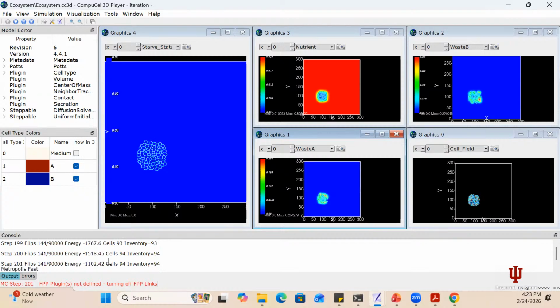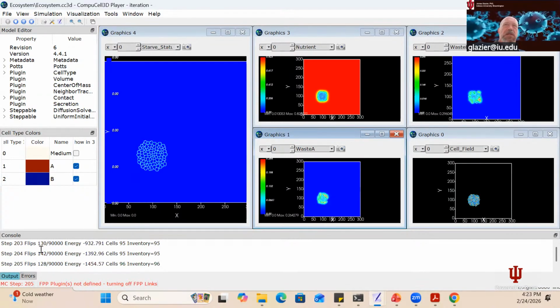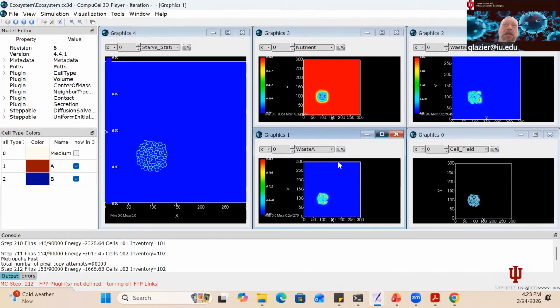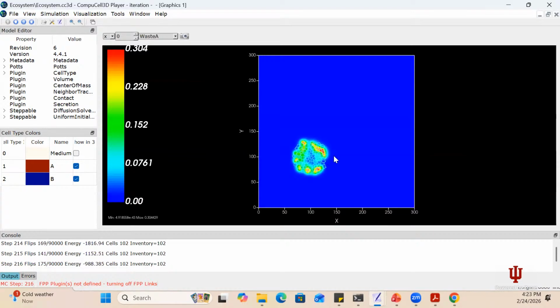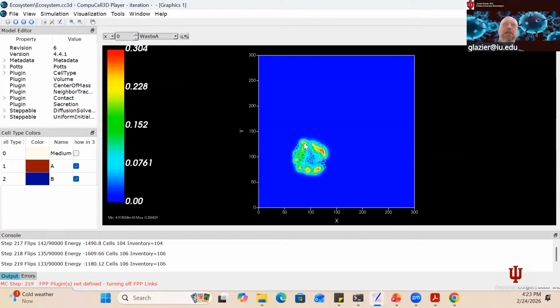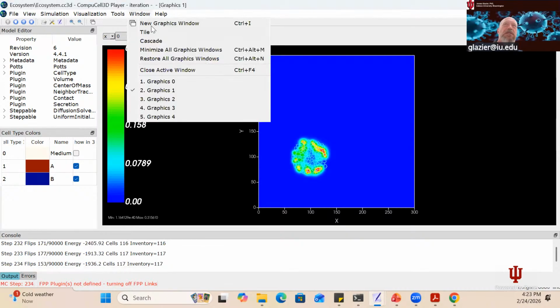So even though you see it going through Monte Carlo steps here, if I look at a field, this isn't updating. I think it is. This one maybe is. Some of them I thought were not. And in that case, if you click on the field, it will update it. I don't know why sometimes the field image freezes.